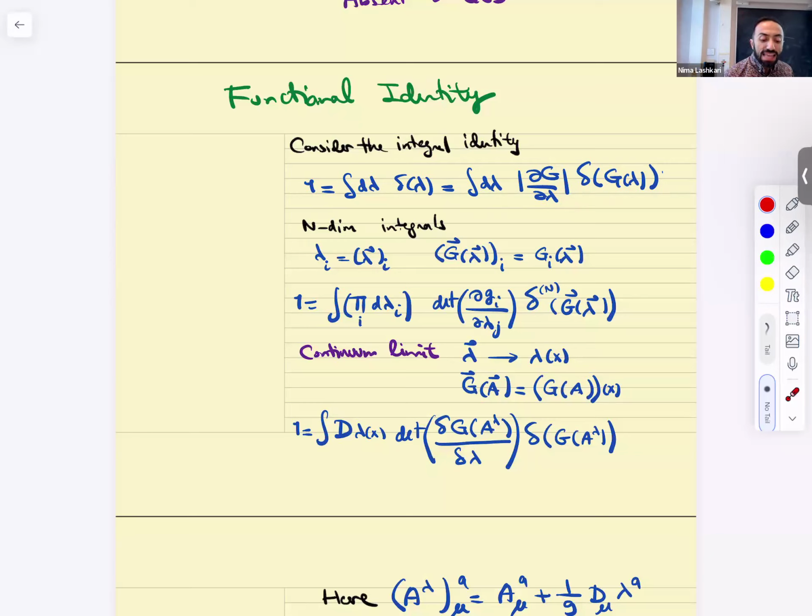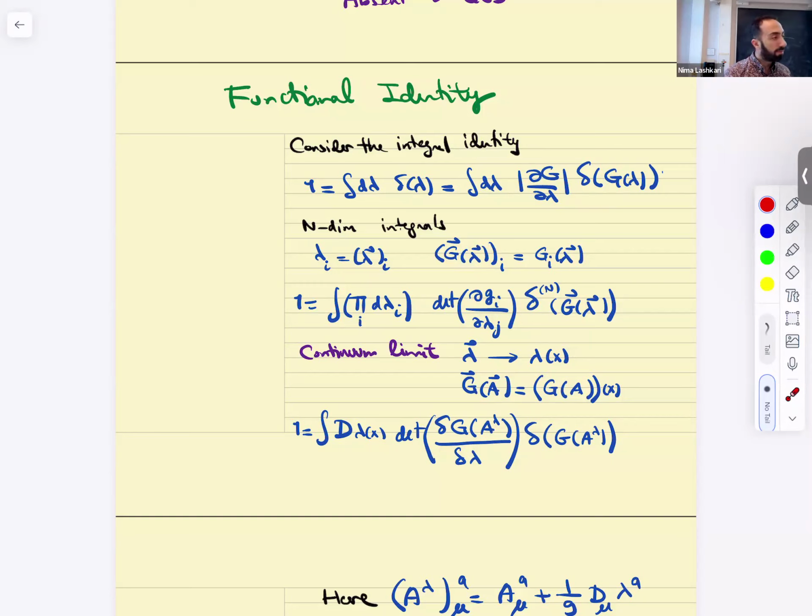Now, if this were n-dimensional, some large capital N, this has nothing to do with the other n's we have had in this course. I have these lambda_i's, so I'm going to do an n-dimensional version of this that I view as a vector. This function is a map from vectors to vectors.